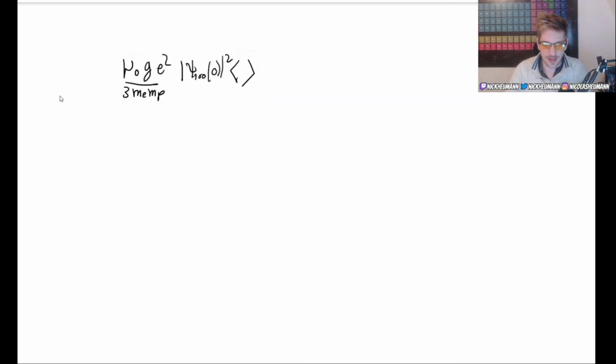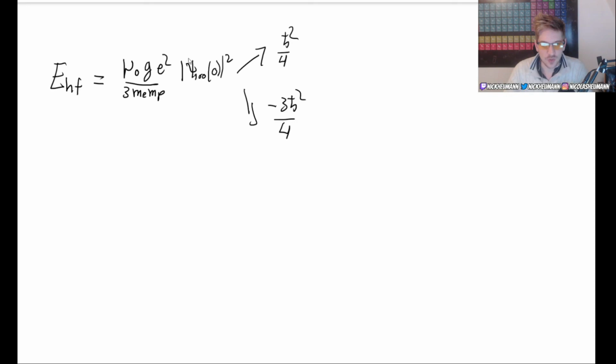So the energy levels due to hyperfine structure are going to be this. Let's write this out explicitly. This is either going to be h bar squared over 4 or minus 3 h bar squared over 4. And what is this wave function? So psi 100, I wrote it down here, that is 1 over pi a cubed.